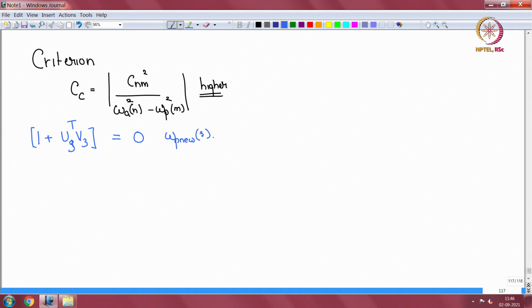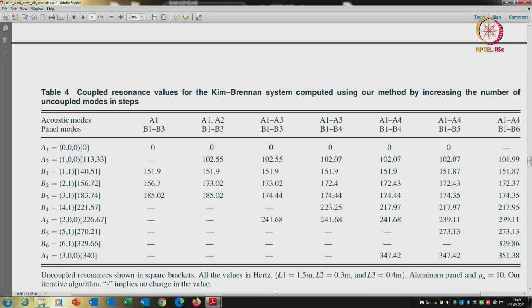Okay. So now let me move to the paper and show you the paper if there are any details that I want to add. So here is a table which has the number of modes that are included here in the calculations.